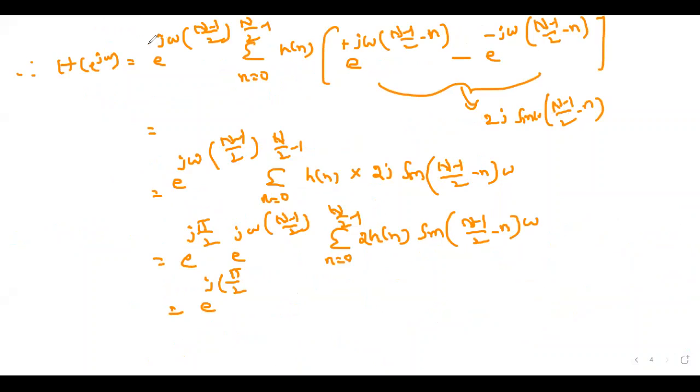Here it is minus, here it is plus. So it is minus N minus 1 by 2 omega into summation of this. But here I will assume this. Next step, I will assume n equal to 0 to N by 2 minus 1 of h of n sine of N minus 1 by 2 minus n omega.